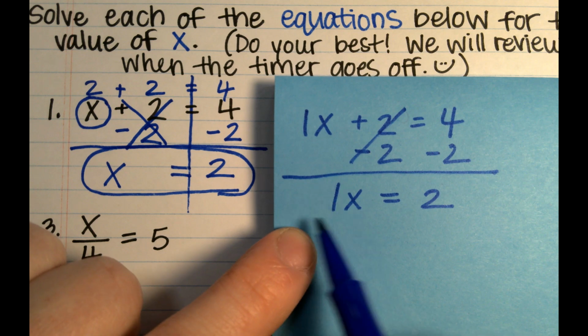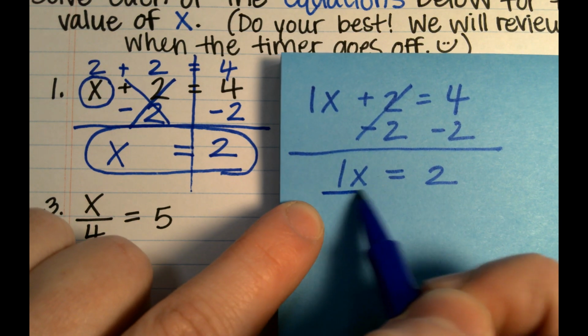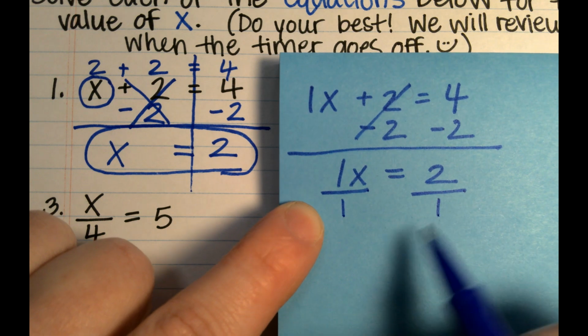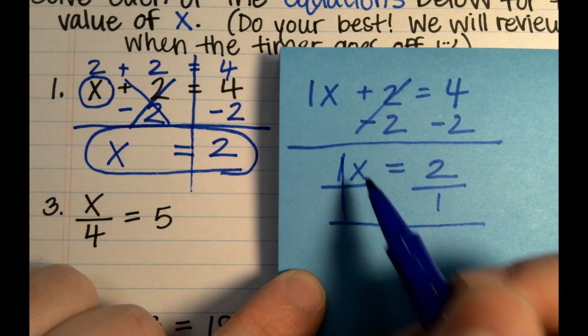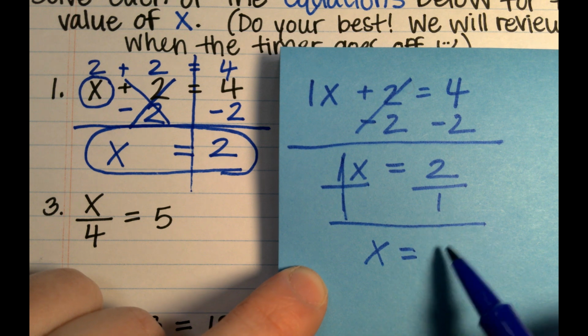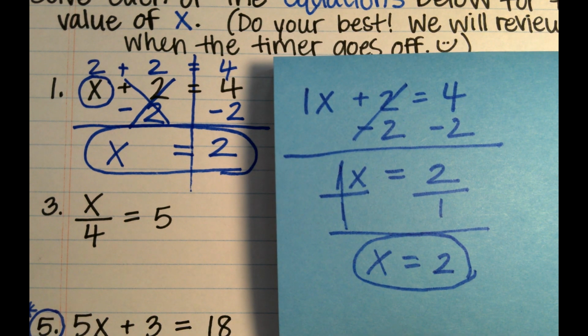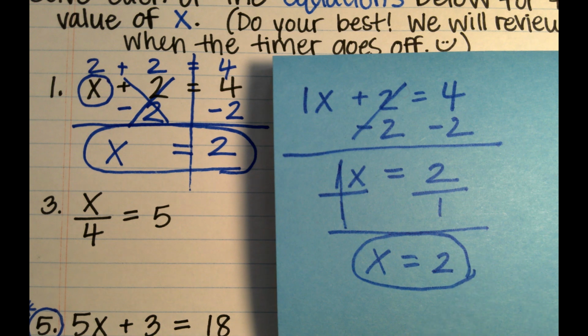And to get rid of that 1, what this means is 1 times x. She divided by 1 on both sides. And then we get x equals, well, 2 divided by 1, it's still 2. So this is correct. It is adding an extra step, but it's not incorrect. It's totally right. So perfect.